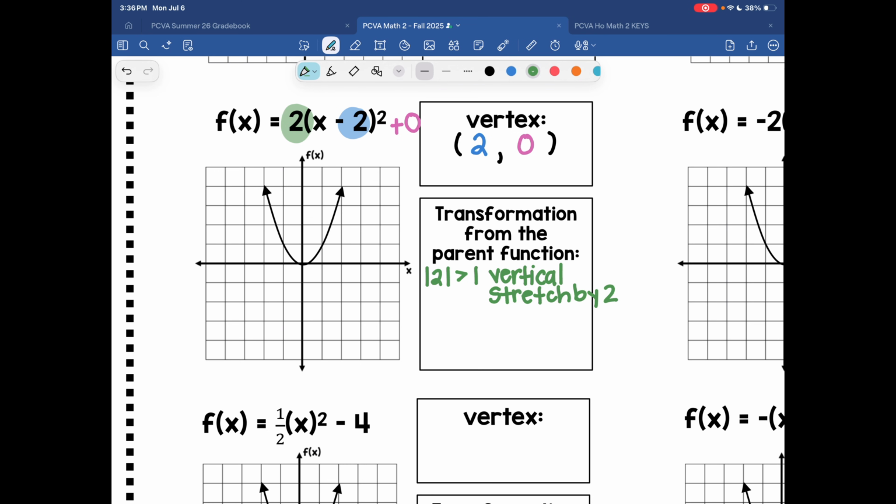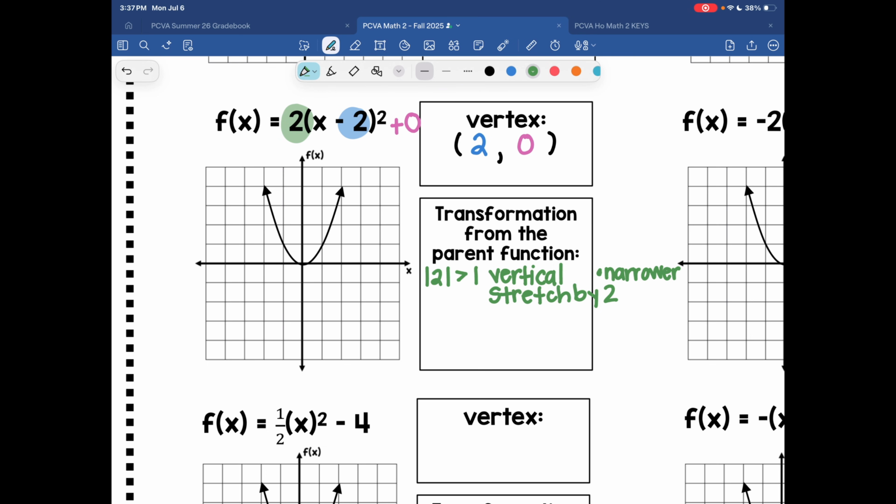So that's actually going to make the graph look a little bit narrower.